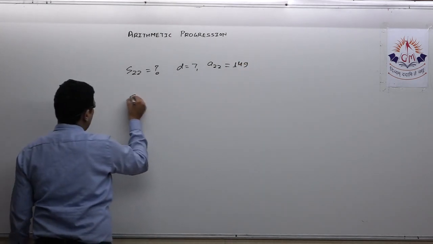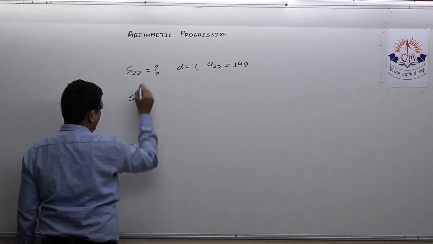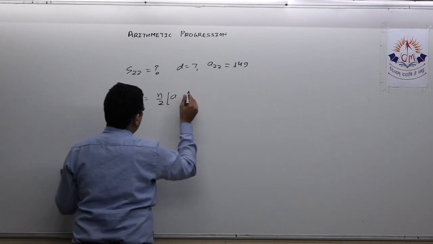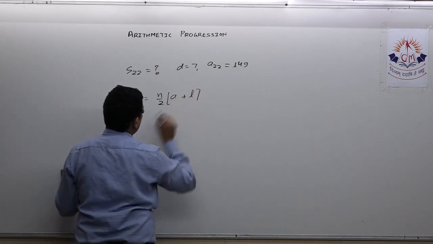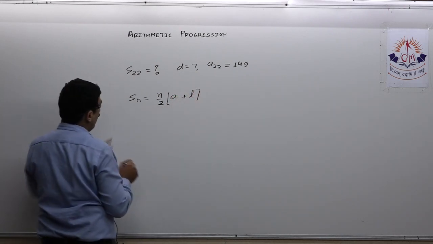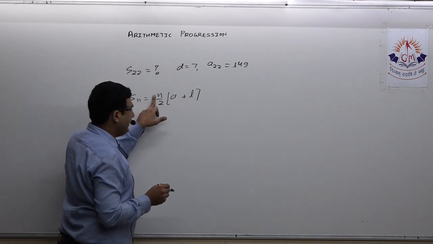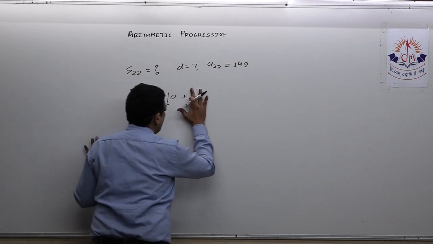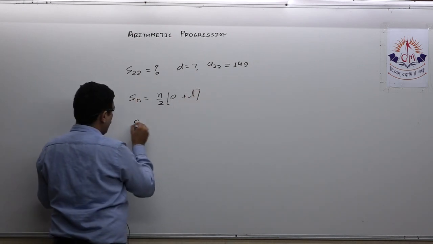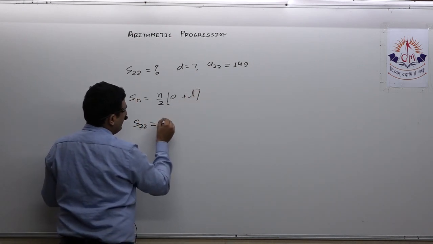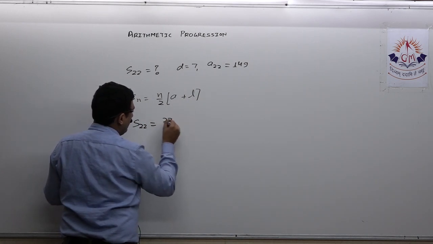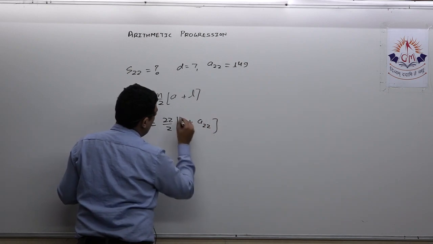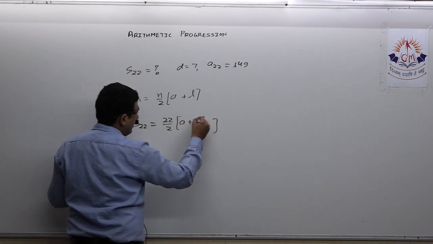Now if I apply the formula of Sn to obtain this, n by 2 (a plus l). So to get S22, n is 22. If I say S22, then it will become 22 by 2 (a plus a22), isn't it? So this is given.